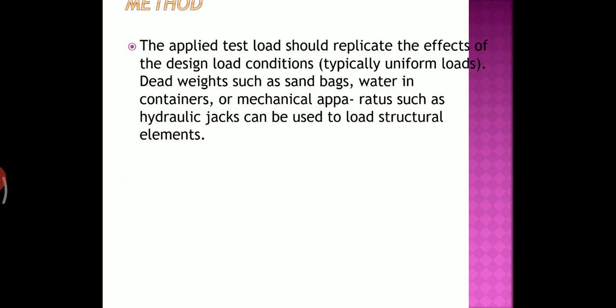So while conducting the load test, we can apply different types of loads, especially dead loads. Dead weights such as sandbags can be used. Then water in containers: the water is filled in a container and that container is placed over the structure, which will give the load. Or any mechanical apparatus such as hydraulic jacks can be used for loading the structures during the load test.